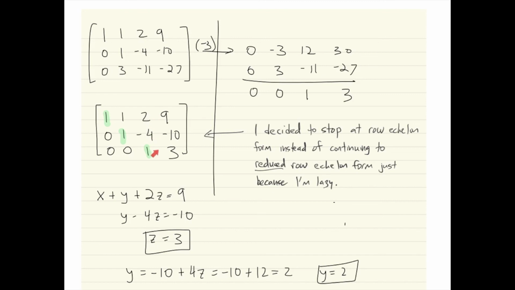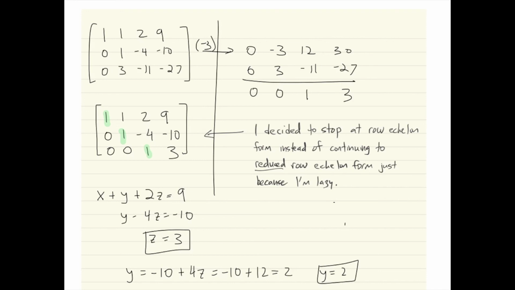I've left off the vertical line that's usually here, so I just have to remember it. Then this is 0x plus y minus 4z equals -10. So that's this equation. And then this row here translates to z is equal to 3. So this one here, I immediately get that z is equal to 3.